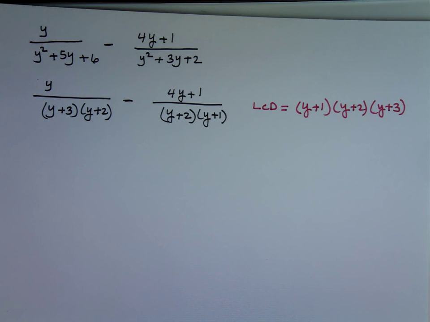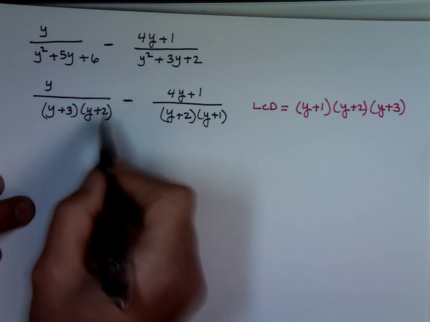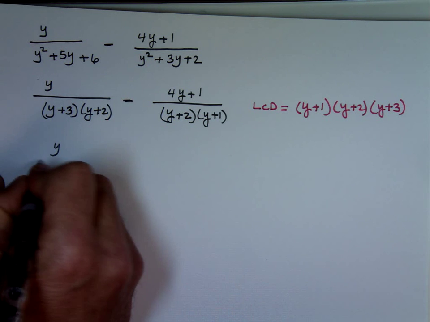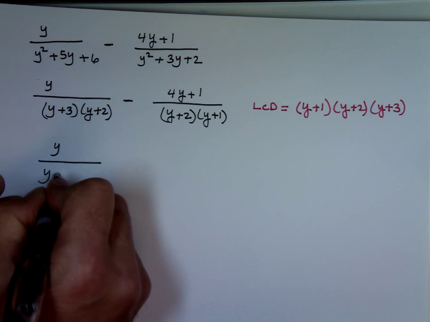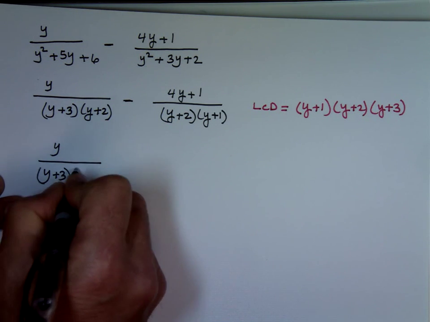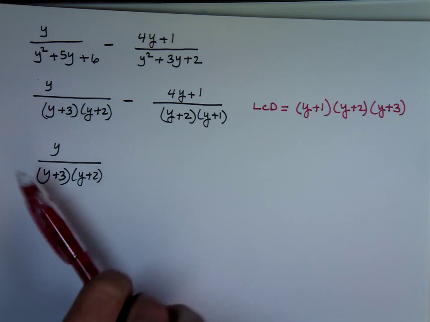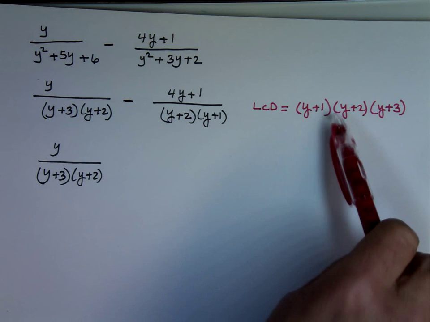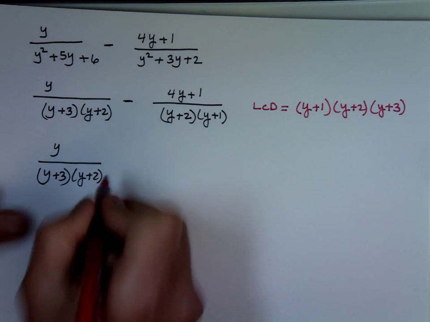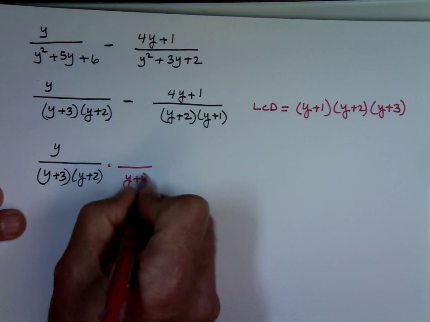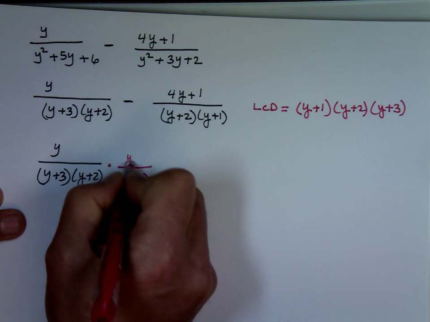I got to change each one of these such that the bottom looks like this. So I have y over y plus 3, y plus 2. What's missing from this, because you want to make it look like this, is the y plus 1. So if you multiply it by y plus 1 in the bottom, you have to multiply it by y plus 1 on the top.